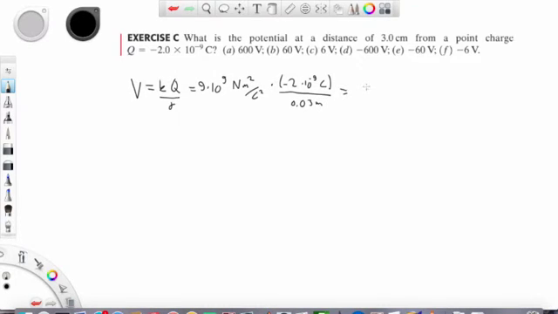Plug in the numbers, we get minus 600 volts. Remember, whenever the charge is negative, the electric potential as a function of R looks something like this. So it has to be negative.